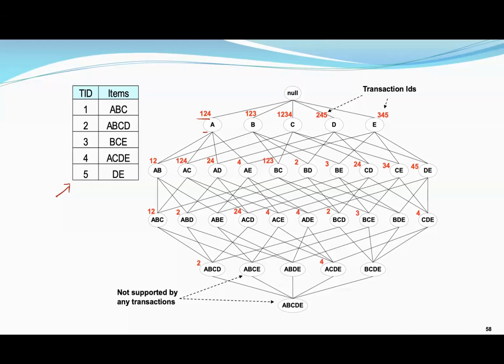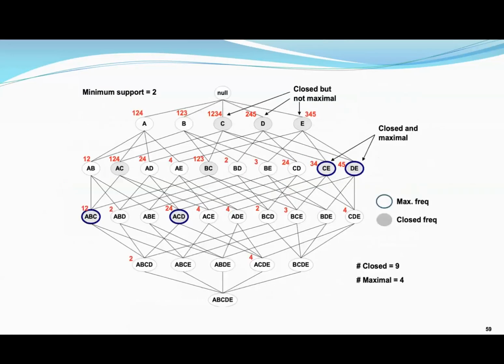In this example, let us assume that we have a minimum support of 2. So an item set has to have a support count of at least 2 in order to be considered frequent. In these illustrations, we want to identify the maximal frequent item sets and the closed frequent item sets. First, the nodes that are shaded are closed frequent item sets.